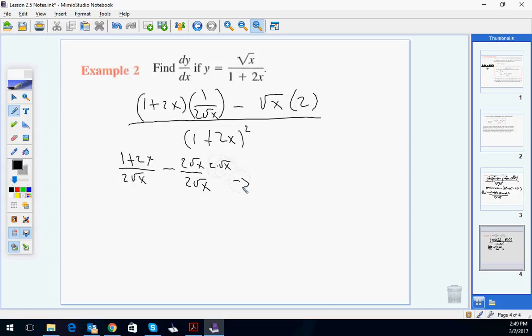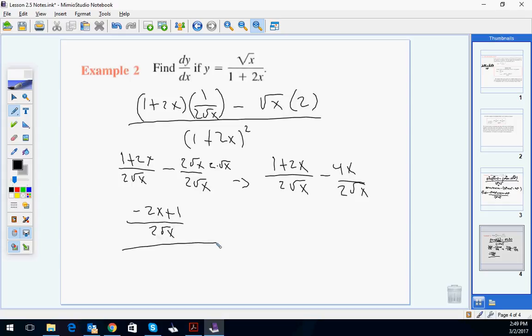So my top now is this. So that's going to give me -2x plus 1 over 2 root x over 1 plus 2x squared.